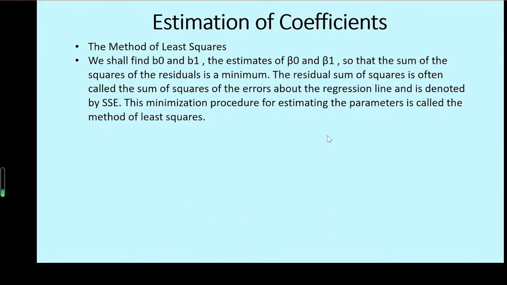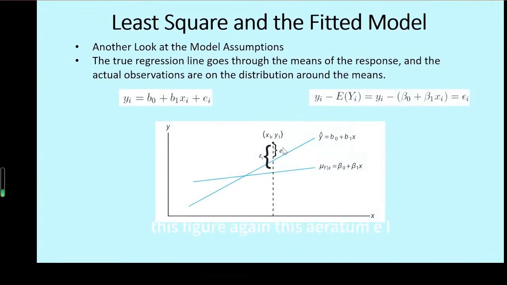If you look at this figure again, this error term, ei, we take the sum of these error terms squared, which is called SSE. So if we make this sum of squares a minimum, then we can say this line will be the best fit to the theoretical line.